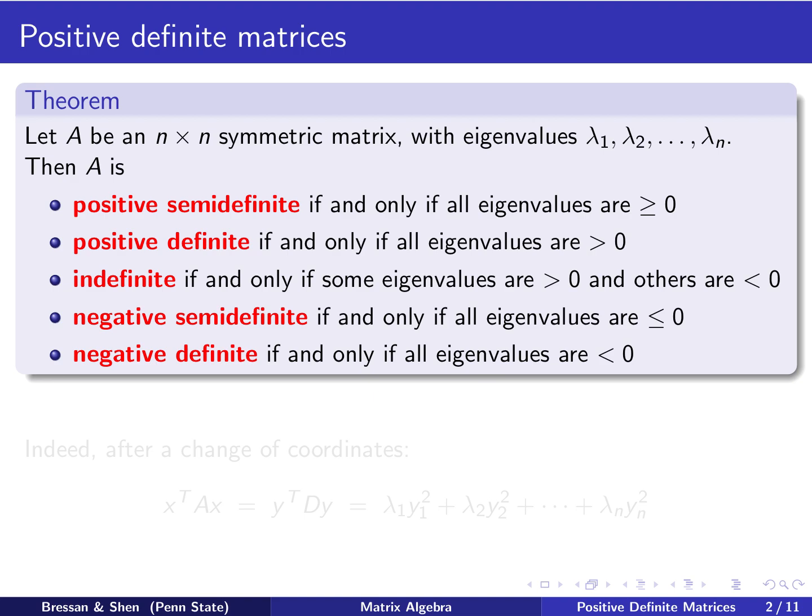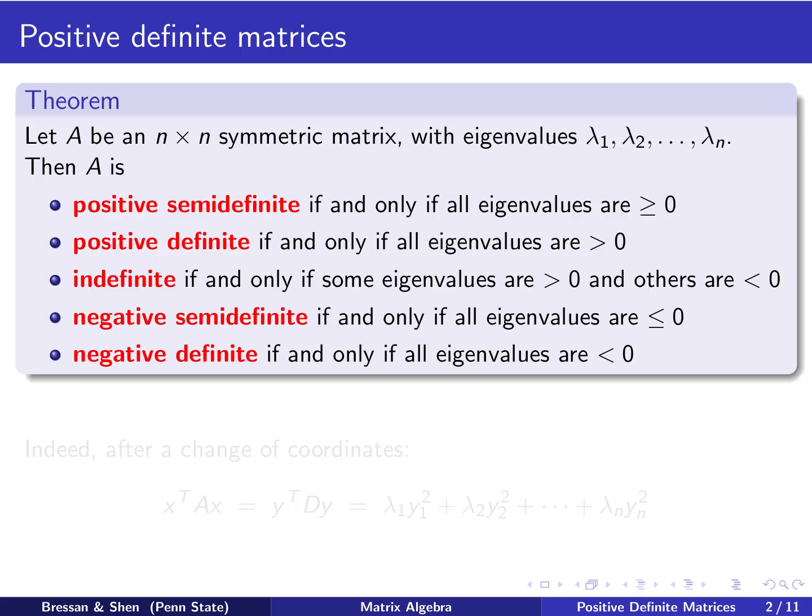From the discussion in part 1, this leads to the following theorem on positive definite matrices. Let A be an n by n symmetric matrix with n eigenvalues, lambda 1, lambda 2 to lambda n.